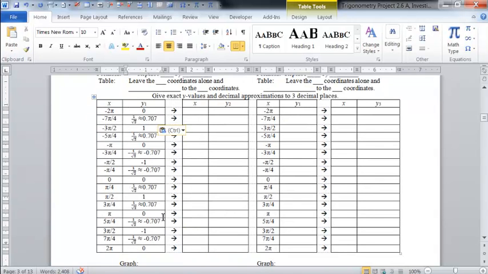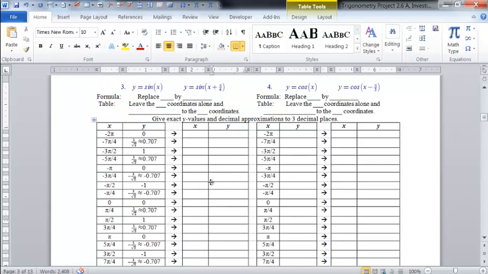And so now I have the whole table filled out. And so we have some x and y values there. Okay, now this is just getting a table for y equals sine of x. We have exact values for x and exact values for y, and approximate values for y as well.